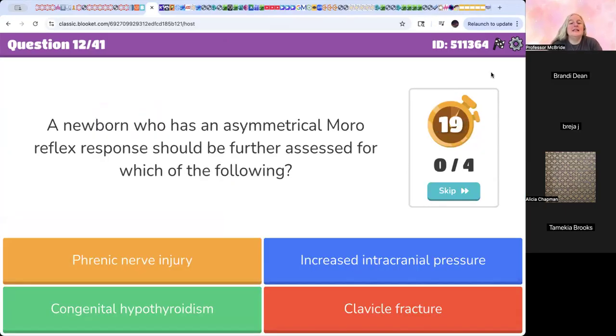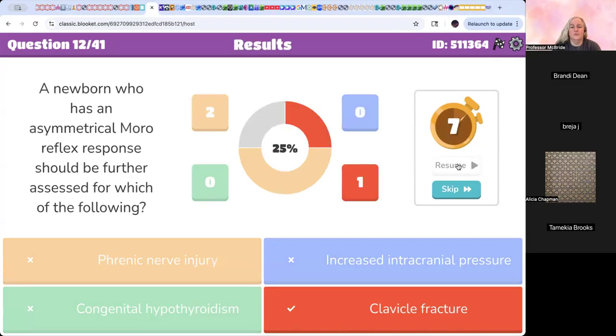A newborn who has an asymmetrical Moro reflex response should be further assessed for which of the following? All right, let's talk about this one. Asymmetric Moro reflex.